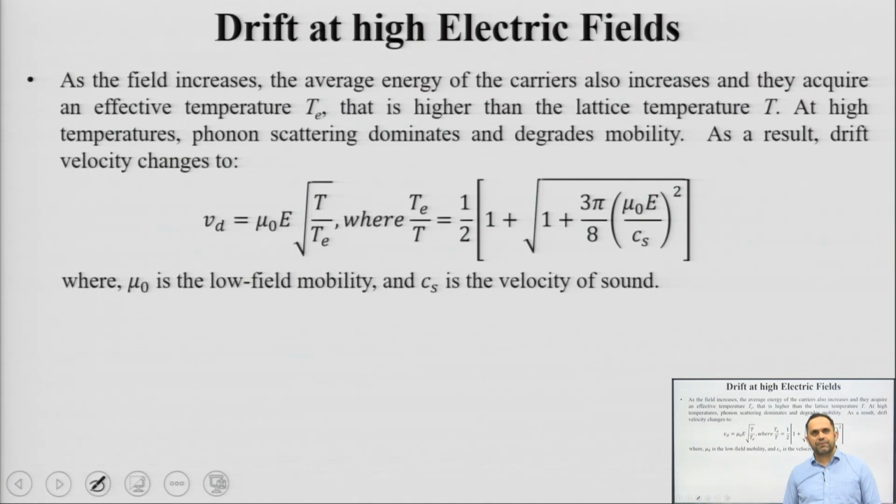Why does this happen? When electric field increases, the average energy of charge carriers also increases. So, when you increase the magnitude of electric field, you are providing extra energy to your charge carriers, right. When you provide extra energy to charge carriers, that energy has to be compensated somewhere.